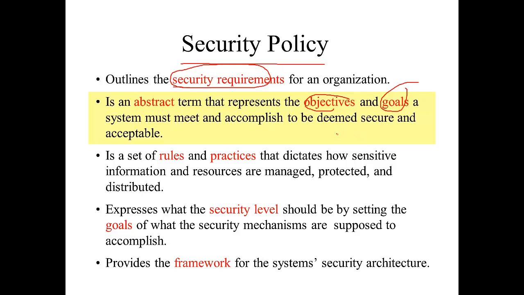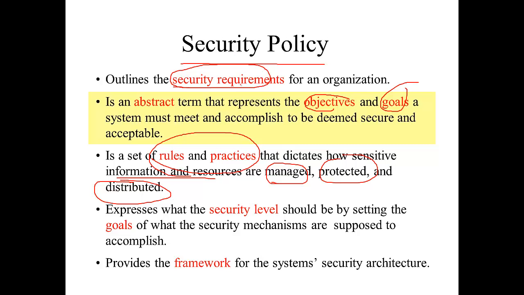Security policy is composed of a lot of rules and practices that dictate how sensitive information and resources are managed, protected, and distributed.